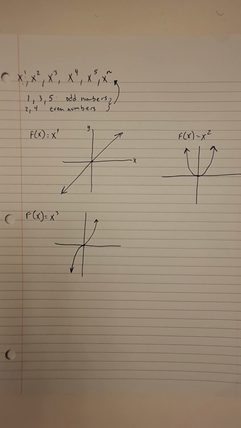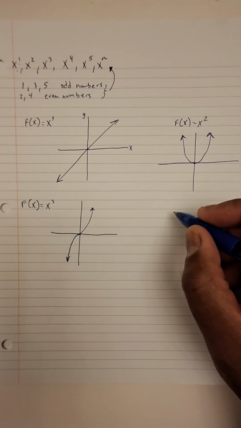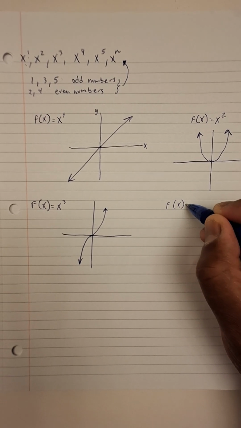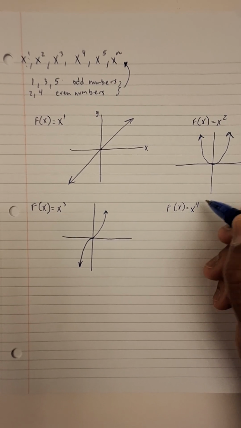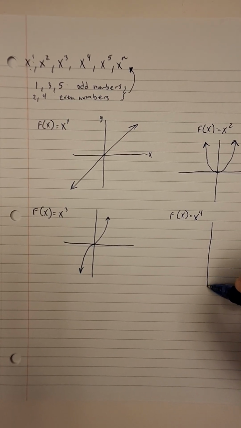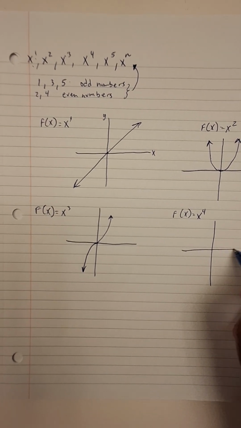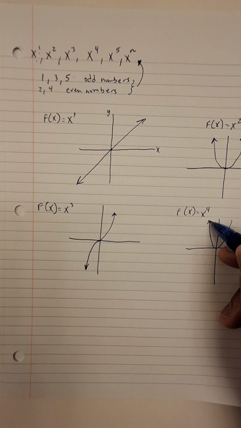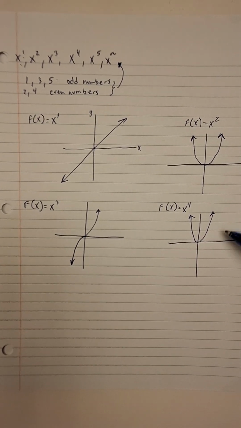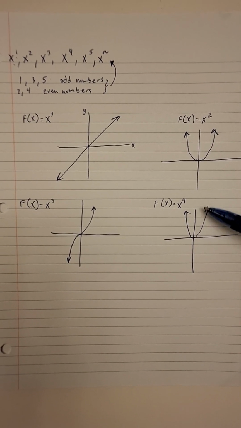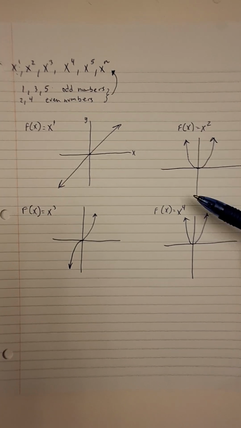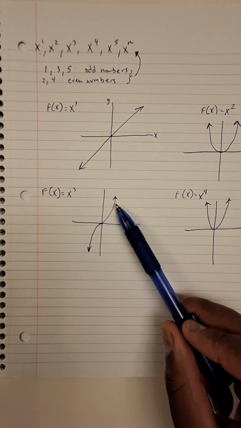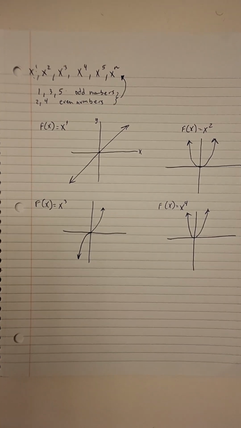So that's pretty interesting, right? If we take f(x) to the 4th power, it's essentially the same parabola, maybe slightly narrower, but again the endpoints are in the same direction. And x to the 5th power will look very similar to this cubic function.